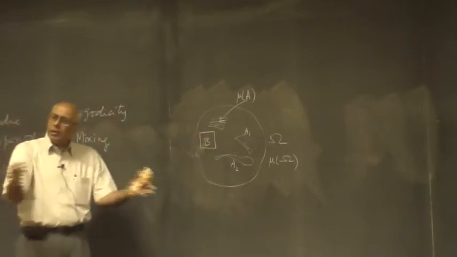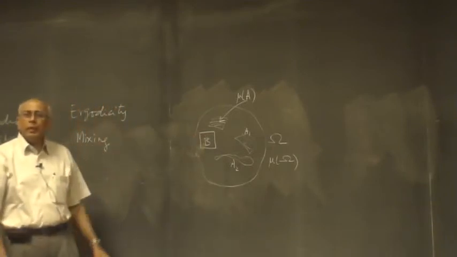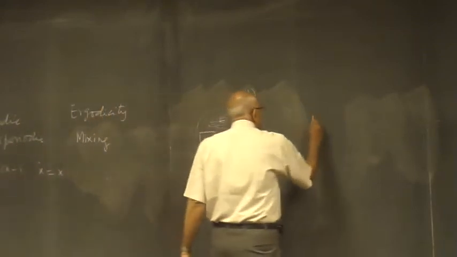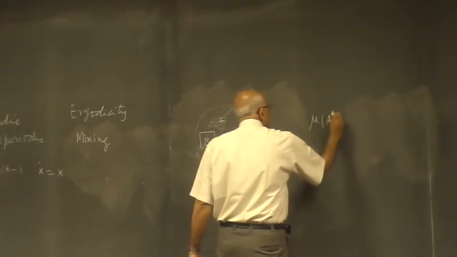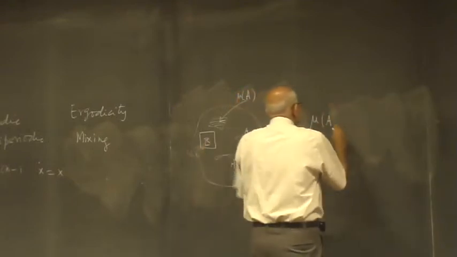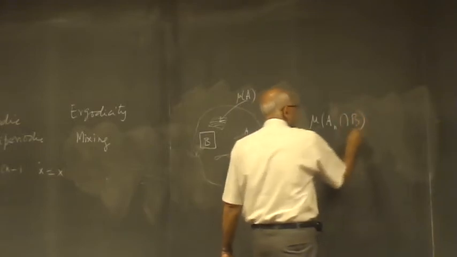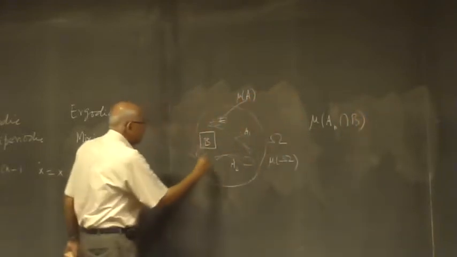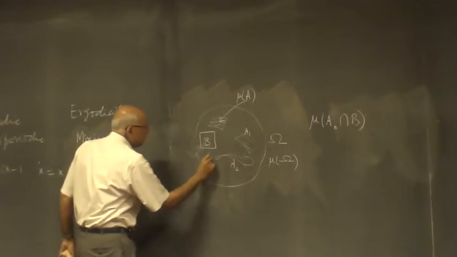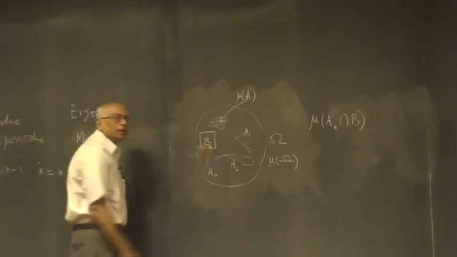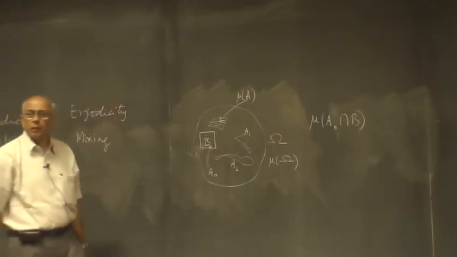If the thing is completely stirred, then what would be the amount of A that's inside B? That has a measure mu of A_n intersection B. That's the amount of it, after n iterations, this is A, this is A_n, and this is the amount of it that's inside B, the intersection of this.